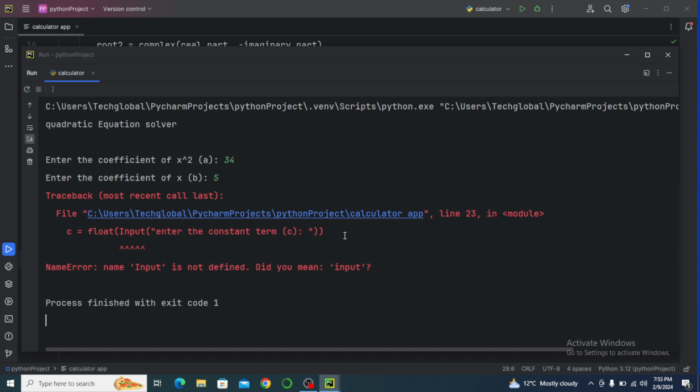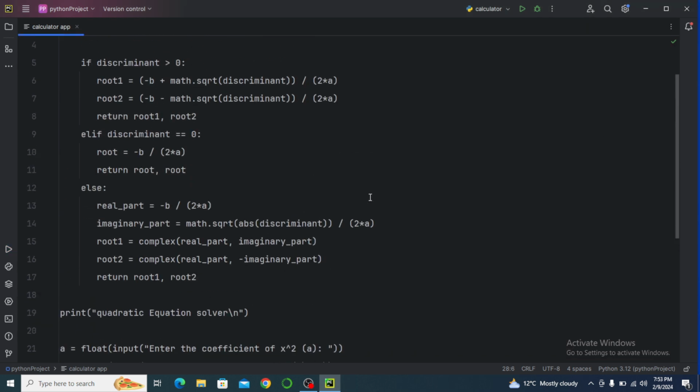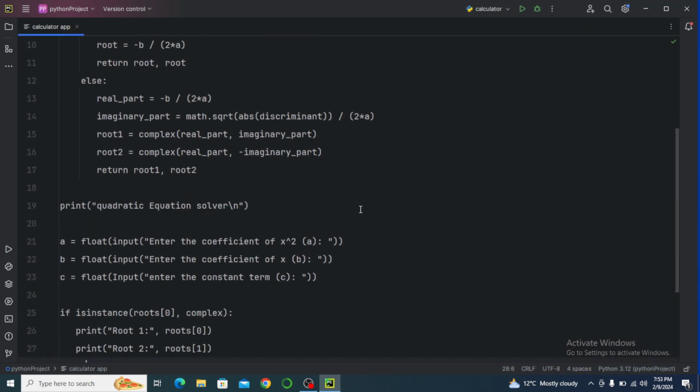There's an error in line 23. Let's go back to line 23 and see what the error is. In line 23, we see that c is equal to float input. Let's correct this input. Then enter.